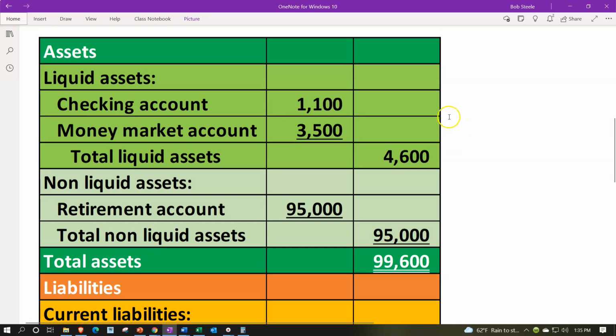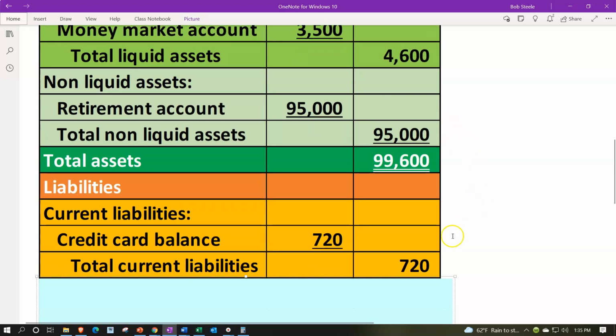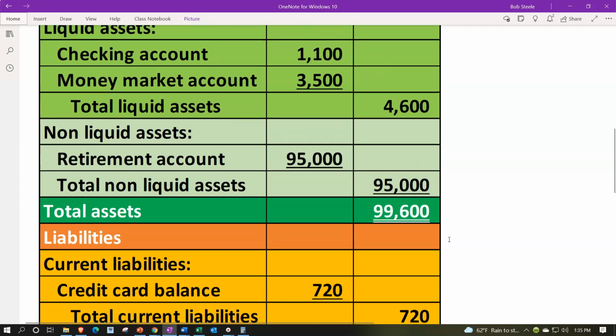Your goal is to have enough cash to cover the current liabilities, and then have all your other money invested in some way, not solely in accounts that are going to maximize or possibly give you the greatest return, because that'll maximize risk, but in some kind of diversified way that gives you some kind of return, right? Even if I put some of my checking account money into a savings account, I'm going to make a little bit of interest.